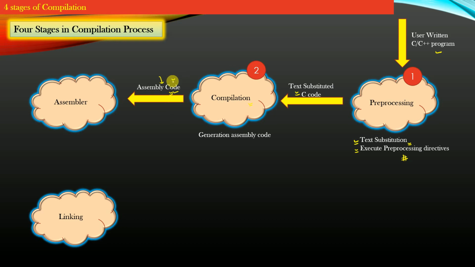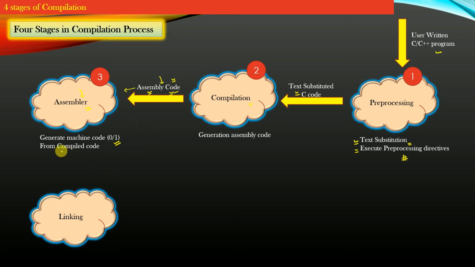This assembly code is equivalent in functionality to the text substituted C code which was fed to the compiler. Then this assembly code generated by the compiler is fed to the third component of the compiler, called the assembler. The assembler is that component which takes the assembly code as input and produces the machine code or binary code.